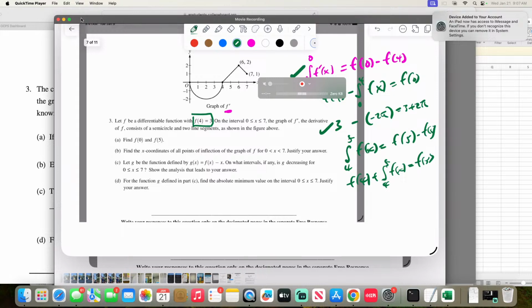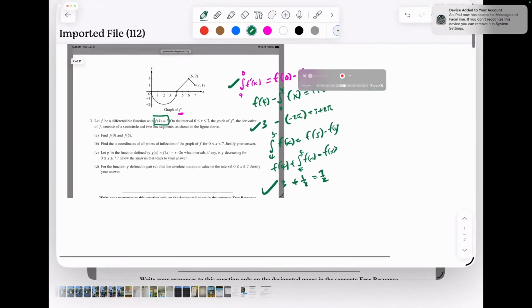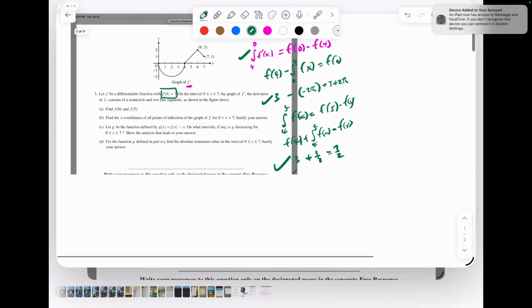And now f of 4 is 3 plus, I think this is 1/2, so it'll be 7/2. Is that okay? Then you earn the third point. So remember, you want to write down as many things as you can to get points. It's not because I want to criticize you. You have to make sure you write stuff down.